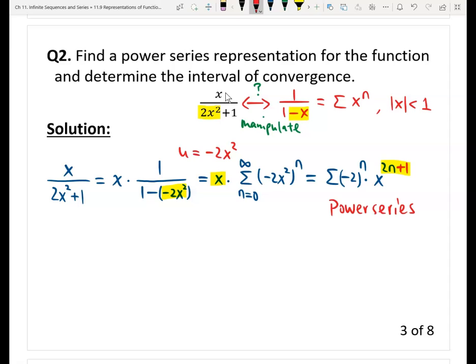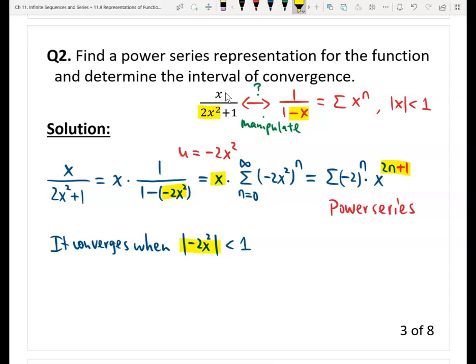Now, the same, we're going to look at the domain. We know this series converges when the absolute value of u is less than 1, and u is negative 2x squared.